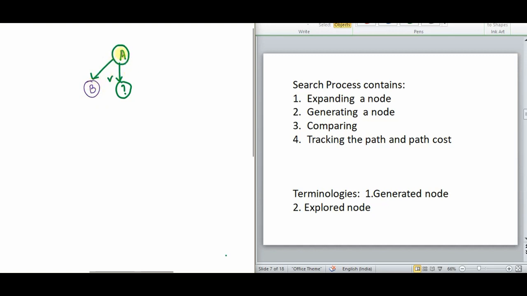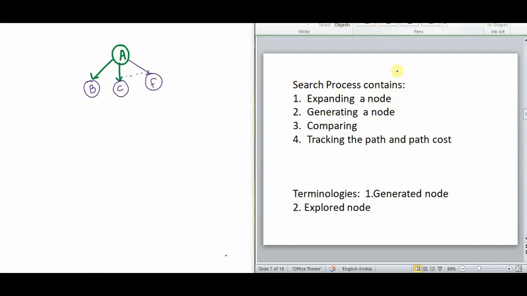Similarly, when A is further expanded, you see that A has another child, that is C. So node C is generated by expanding node A, and so on. Say finally this is node F that is being generated.